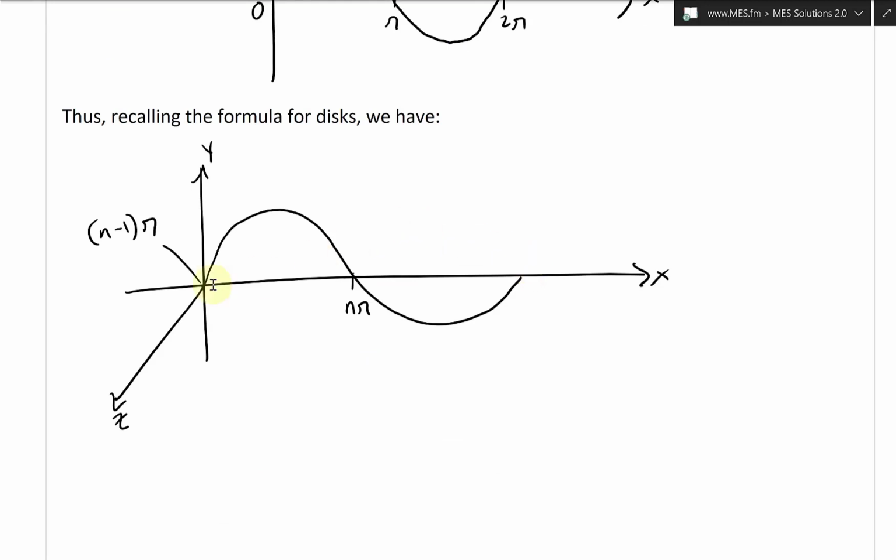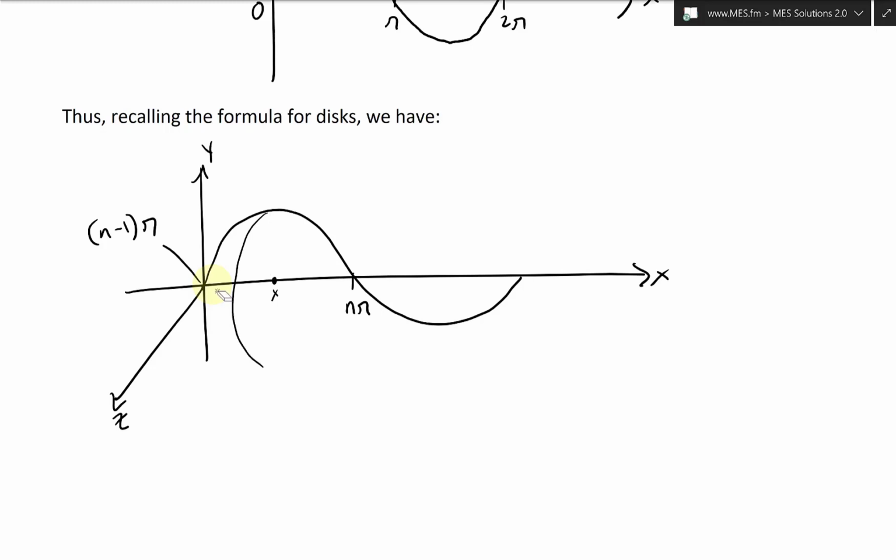We're just going to look at it over here, and now I'm going to take this shape and rotate it. Let's pick a generic point x here, and rotate that, and it has a thickness.